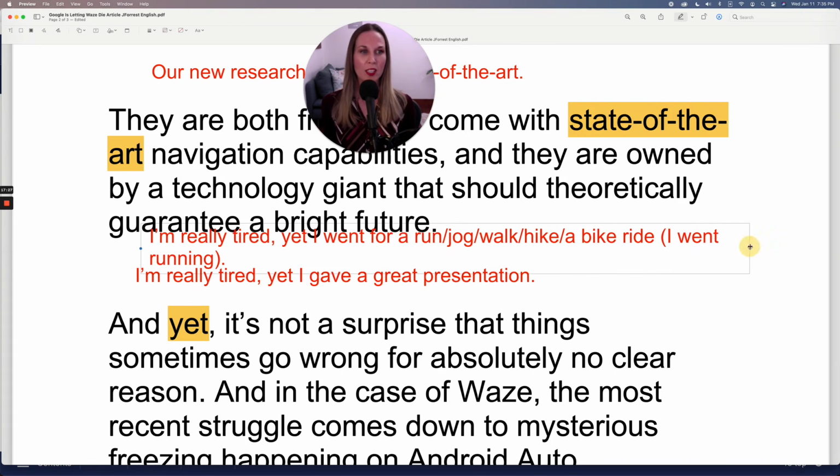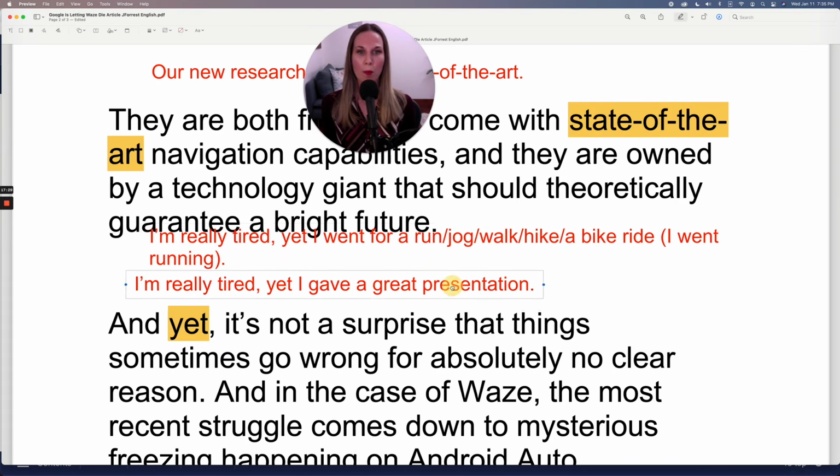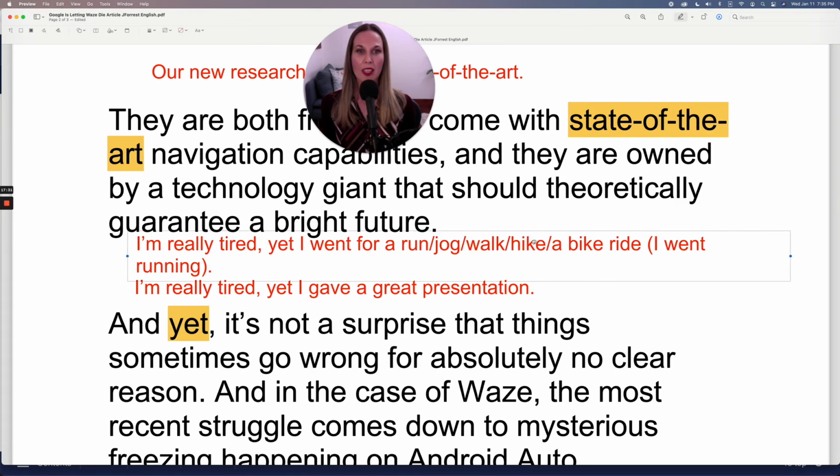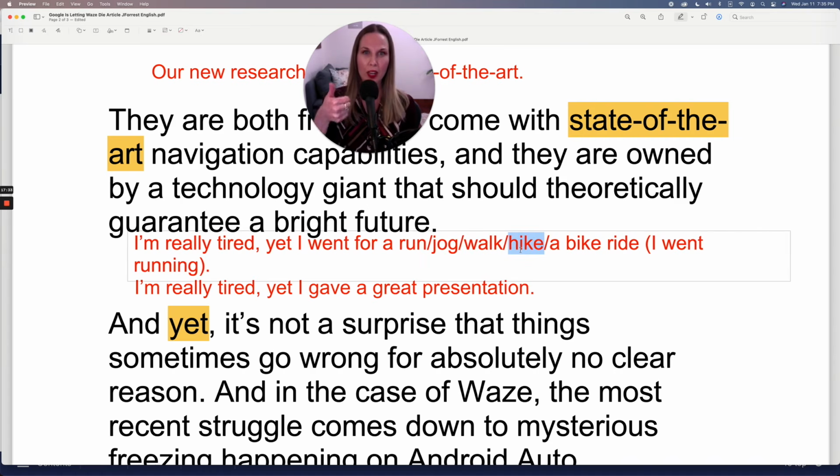So you're basically taking your verb form, which would be I went hiking, and you're turning it into a noun by saying a hike. That's something bonus I just taught you because I naturally wrote that because it's a very natural way of saying it.